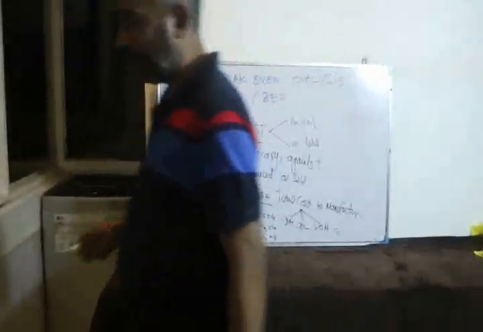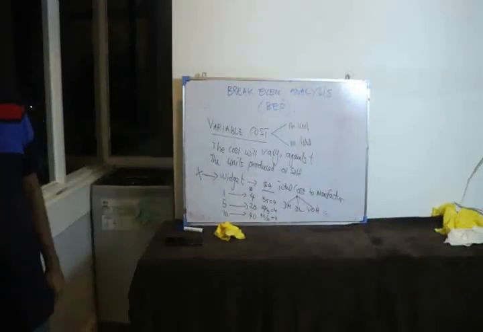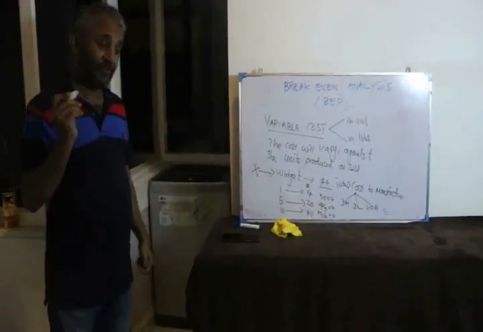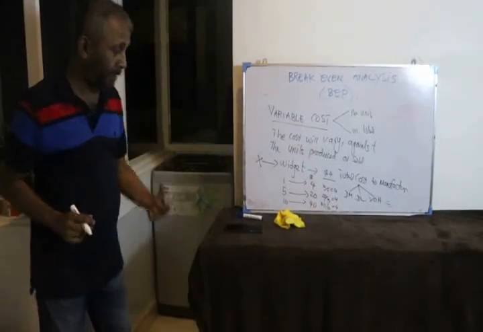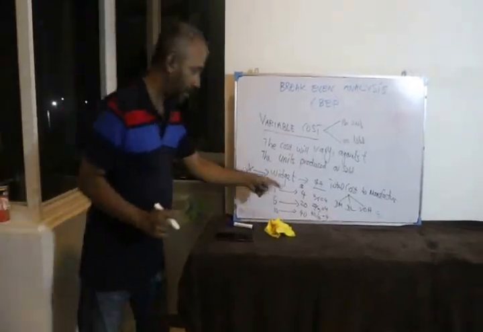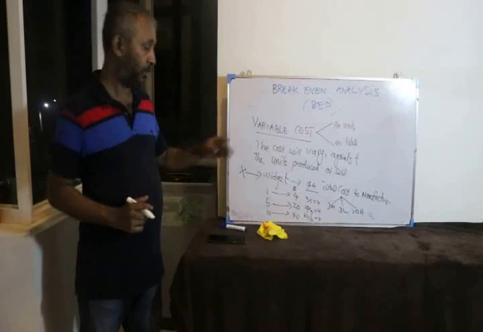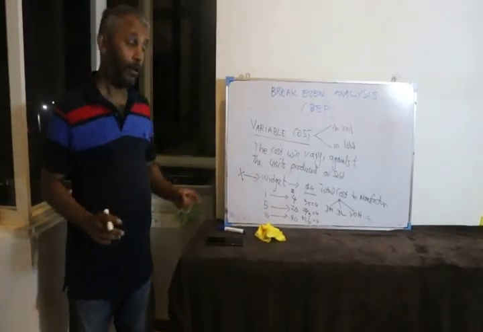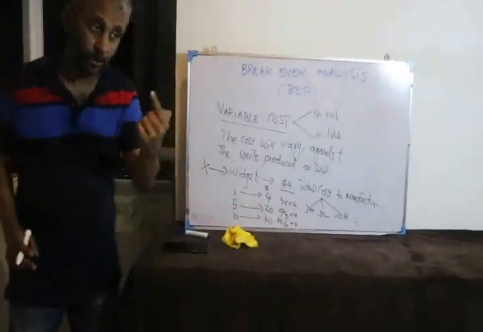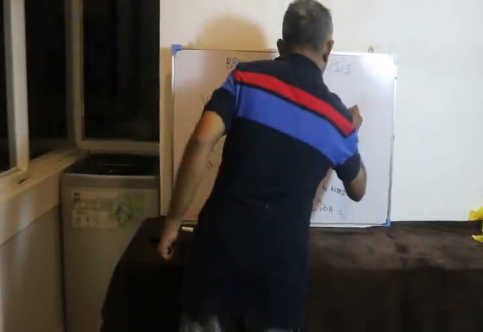What I mean by per unit basis is, regardless of the number of units I produce, the cost of this widget for a single unit will remain 4. You produce 5, you produce 10, you produce 100, doesn't matter. When you calculate the cost per unit, that remains static, and that is 4.